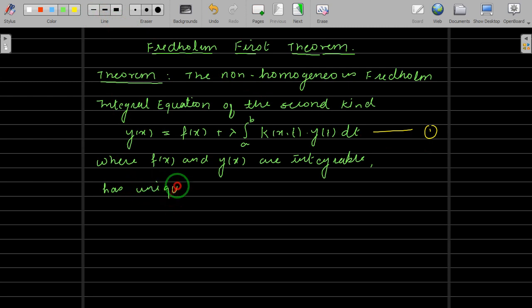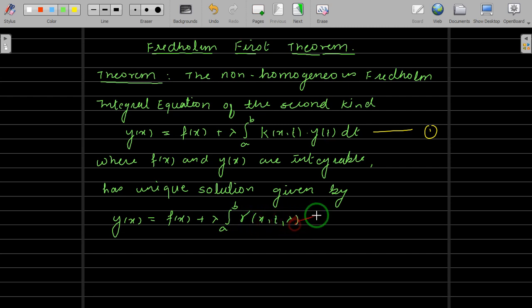That means your integral equation has a unique solution, given by y of x equals f of x plus lambda integral from a to b gamma of x, t, lambda f of t dt.